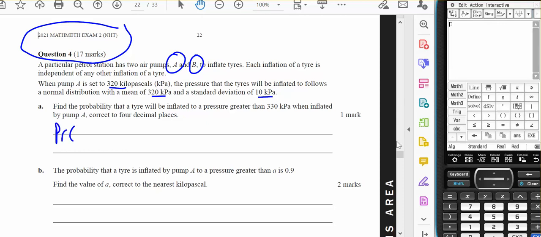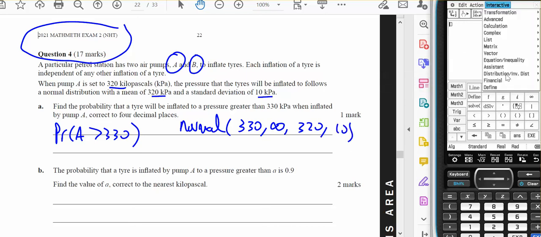So the probability that A is bigger than 330 should be a normal from 330 to infinity, where 320 is the mean, standard deviation is 10.